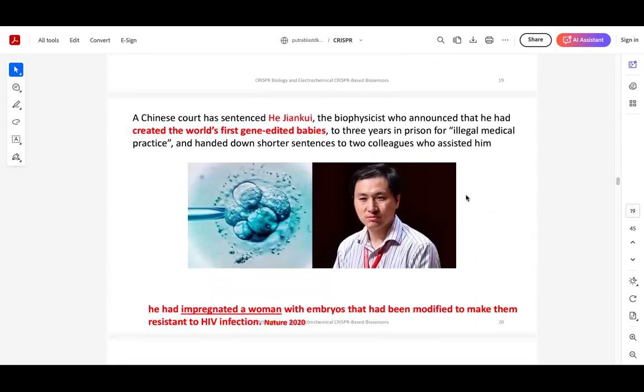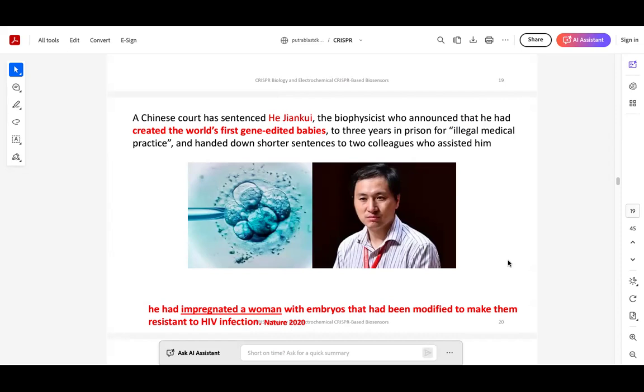So this happened a few years ago. This Chinese scientist used CRISPR to create the first gene-edited babies. He impregnated a woman with embryos that had been modified to make them resistant to HIV infection.